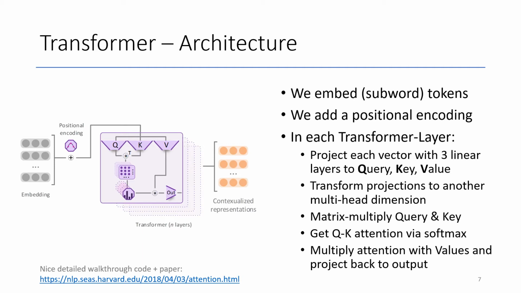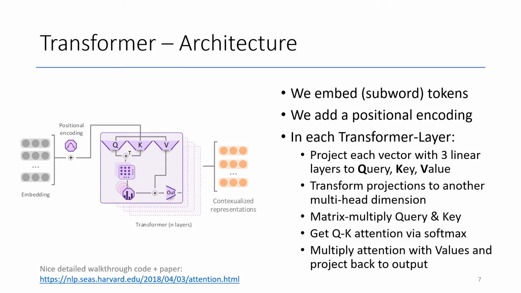And after we added the positional encoding, each transformer layer has three projection layers: the query, key, and values. So for the attention itself, we're looking at the query and key projection. Each of those projections is basically a fancy way of saying linear layer.